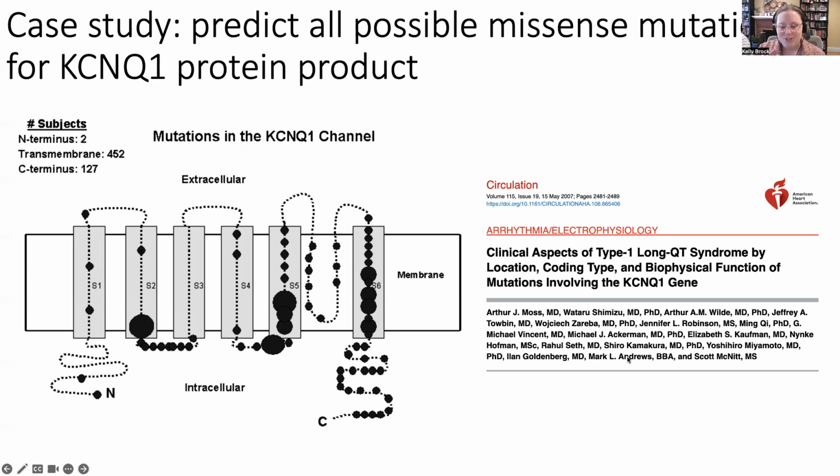Therefore, identifying patients who have one of these pathogenic mutations in KCNQ1 can actually save lives. However, most of the missense variants submitted to ClinVar, the database we're training on, are of uncertain significance. So this again represents a huge challenge for clinical geneticists.